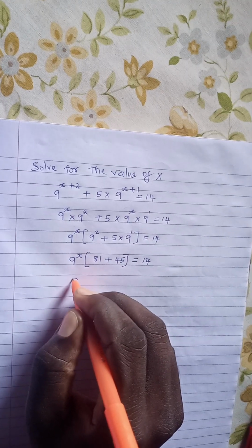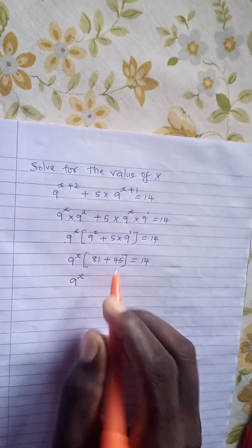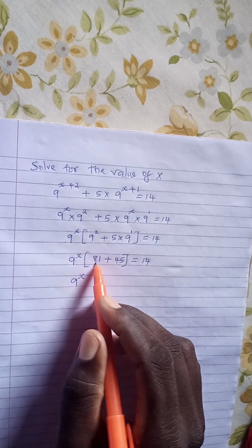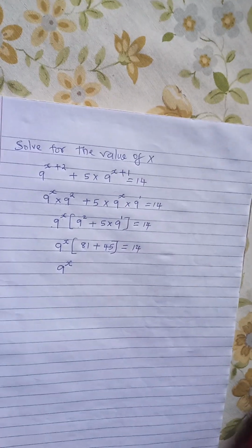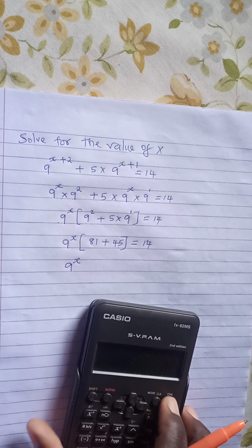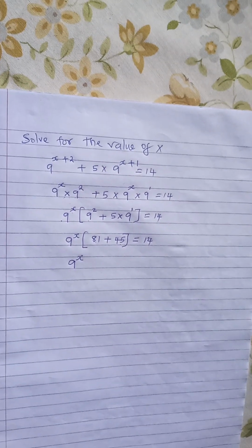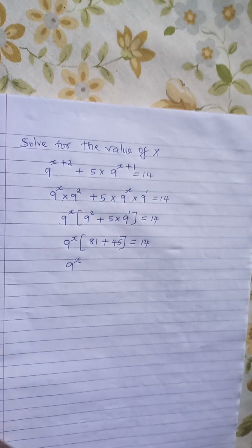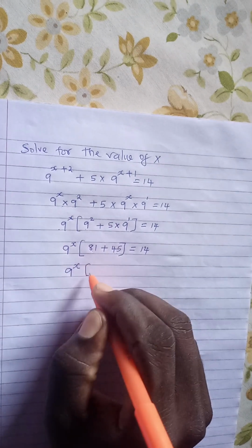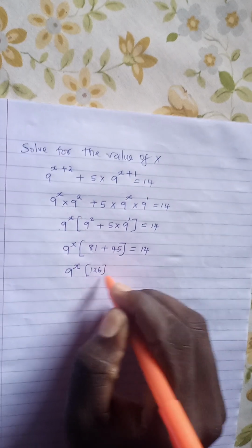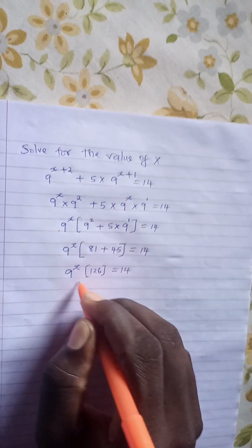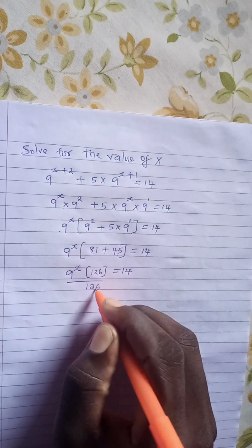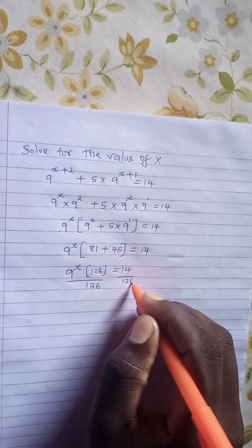Then I have 9 raised to power x times the sum of 81 and 45. If I add 81 plus 45, I will have 126. It equals 14. So then I divide by 126 here.